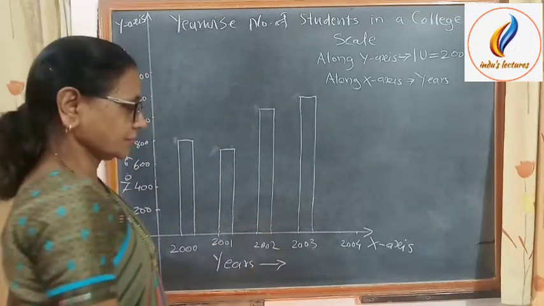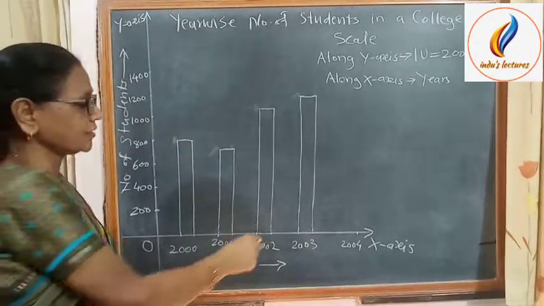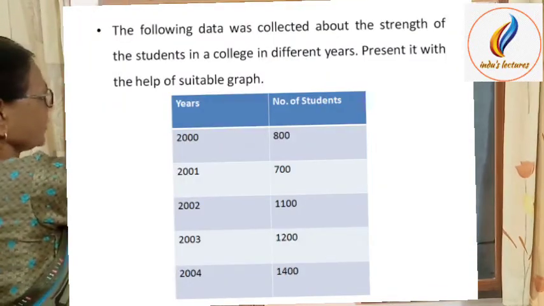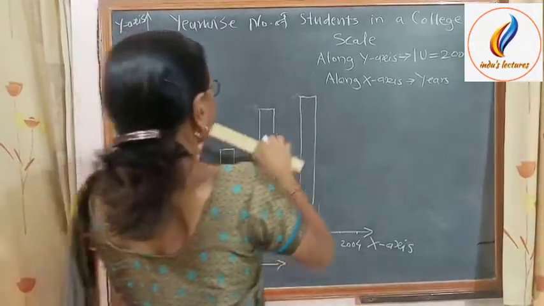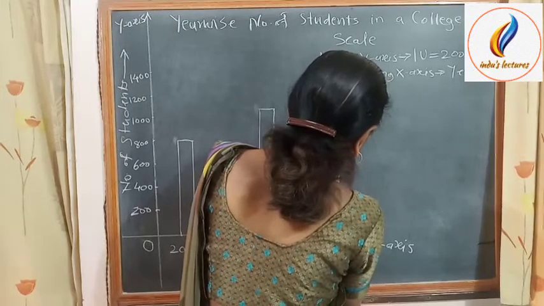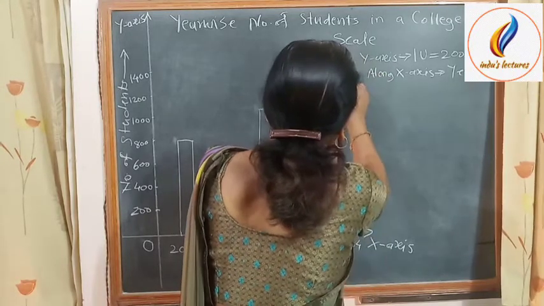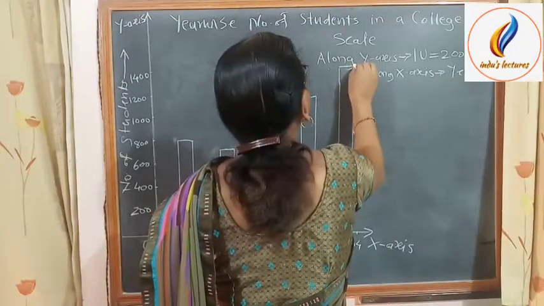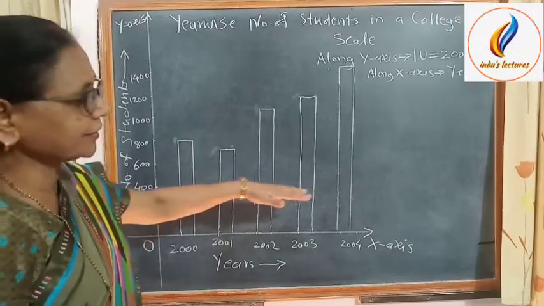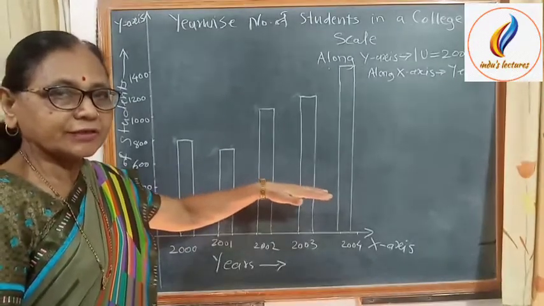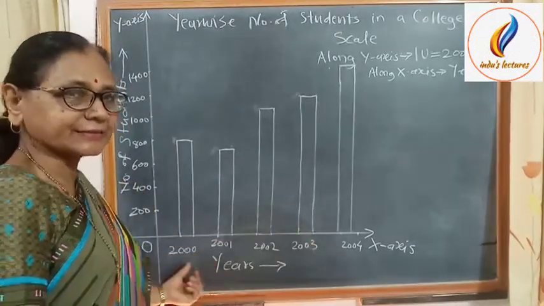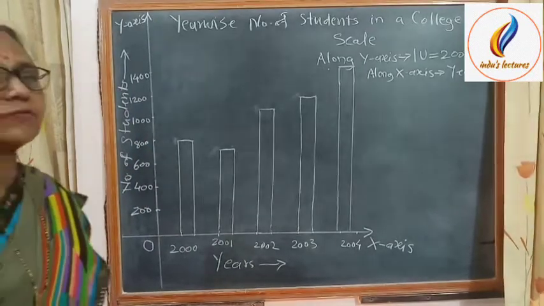Now this is a bar showing the number of students in 2003. In 2004, the number of students is 1400, so we will take the point 1400. In this way, we plot the bars along the x-axis, that means the base of the bar is on the x-axis and the y-axis shows the values they represent.